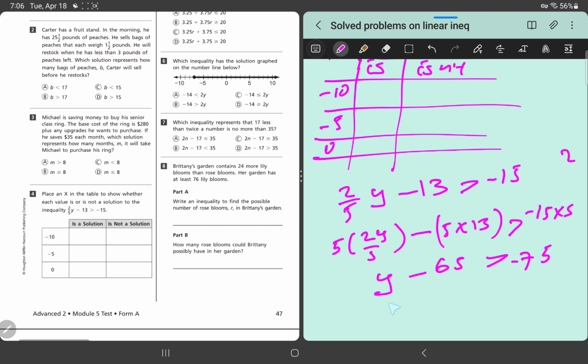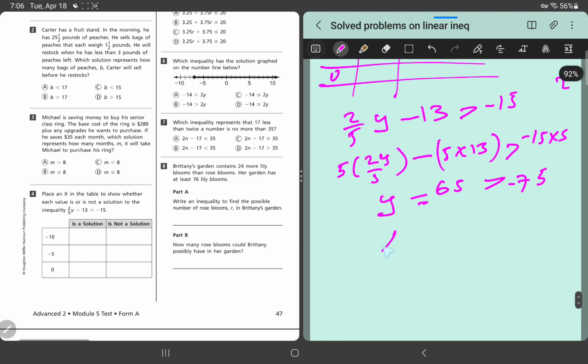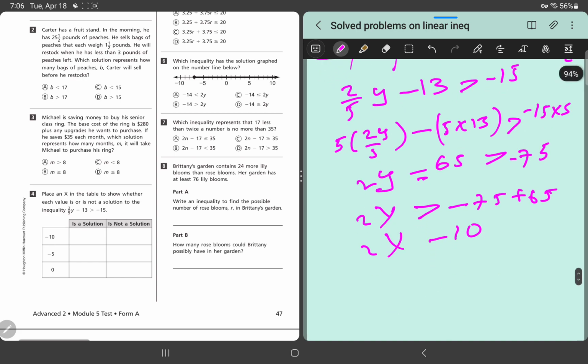All right, so when you take this minus to the other side, you're going to get 2y is greater than minus 25 plus 65. Yeah, so your 2y is greater than minus 10. So you're going to divide both sides by 2.